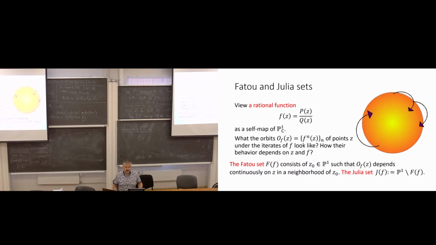Because it's unstable, one can say, if one makes rigorous sense of this, that the dynamics is chaotic on the Julia set.